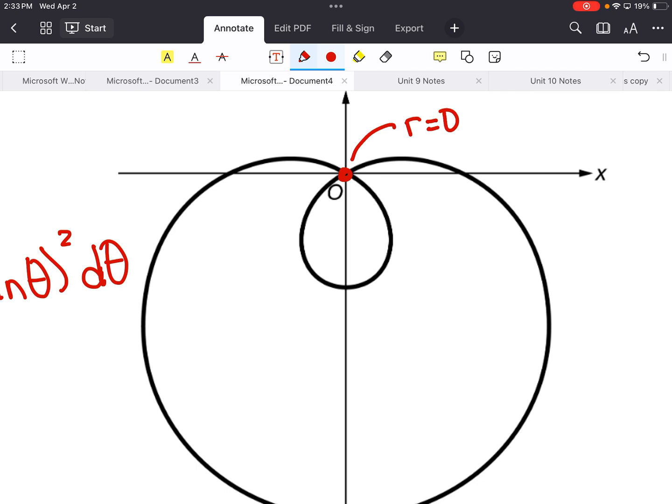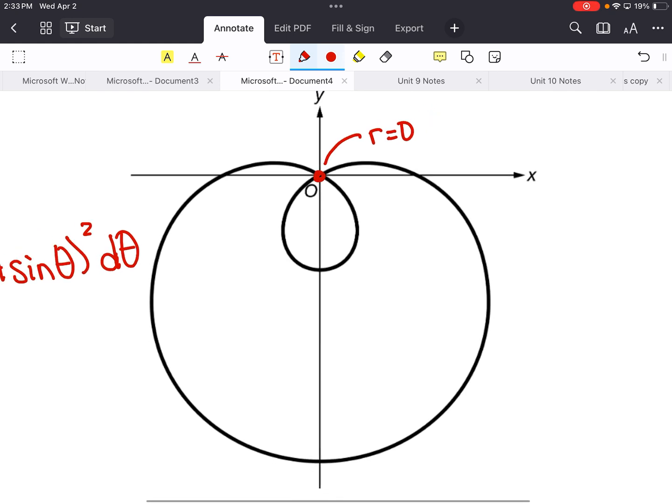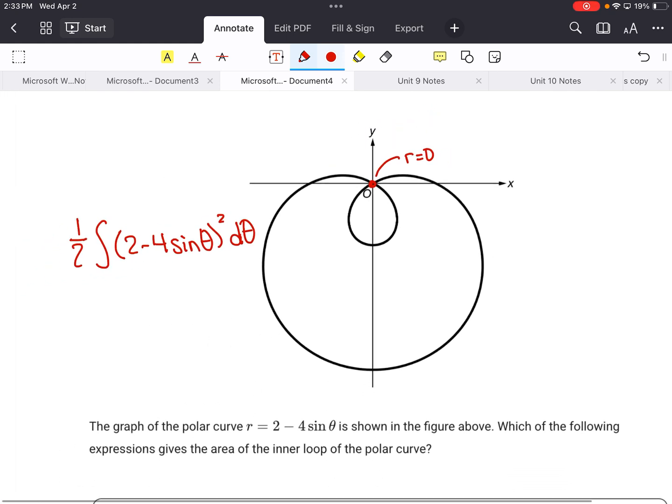So where does this function have r equals 0? That's what I really want to know. So if I set the function 2 minus 4 sine theta equal to 0, if I subtract 2 and divide by negative 4, I get sine theta equals 1/2.